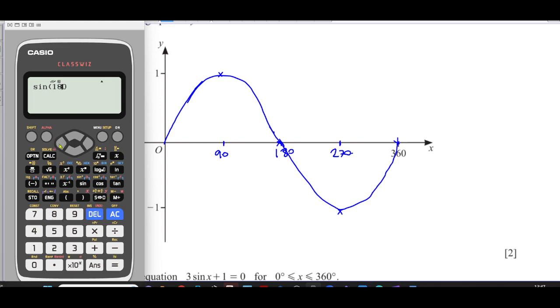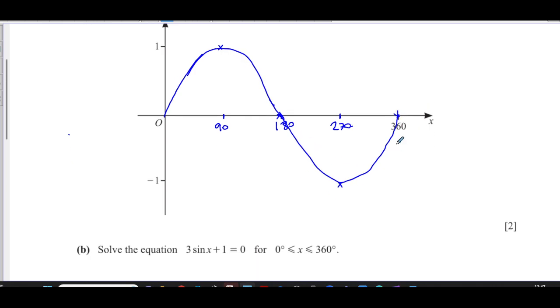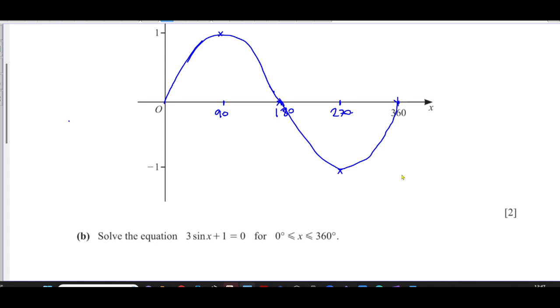And 270 gives you -1, and so on. So you can figure out where to go by using your calculator if you forget, but you shouldn't really forget how it looks. This is what the sine curve looks like, not perfectly drawn, but as good as I can do.